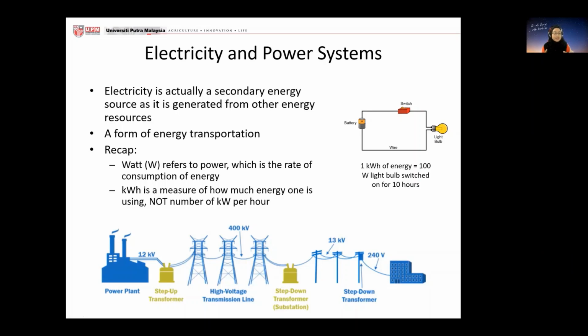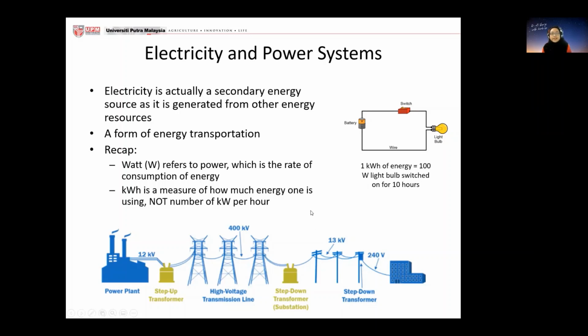And that is the amount of energy that is used. So just keep that in mind, especially when you look at your electricity bill. It's always going to be in the form of kWh, because that is actually the amount of what you use.